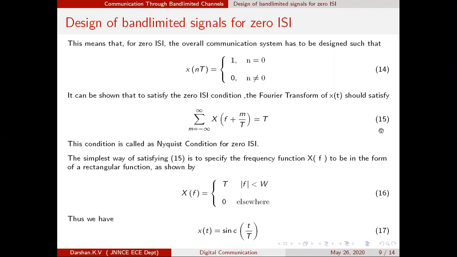So 14 and 15 should be thought of as a bunch.